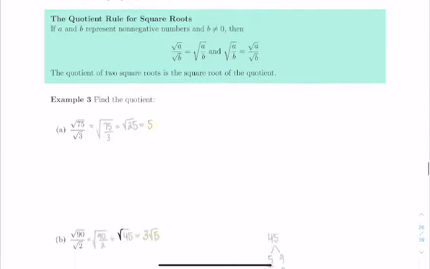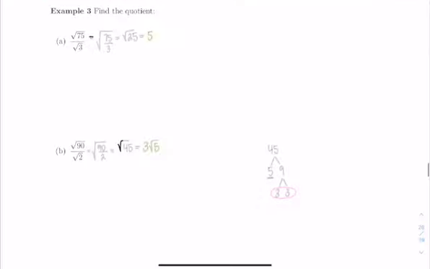So let's look at the square root of 75 over the square root of 3. I am going to put this all underneath one square root, and we get the square root of 75 over 3. But 75 over 3 is 25, and 25 is a perfect square, so we end up with just 5. Let's look at the square root of 90 over the square root of 2.